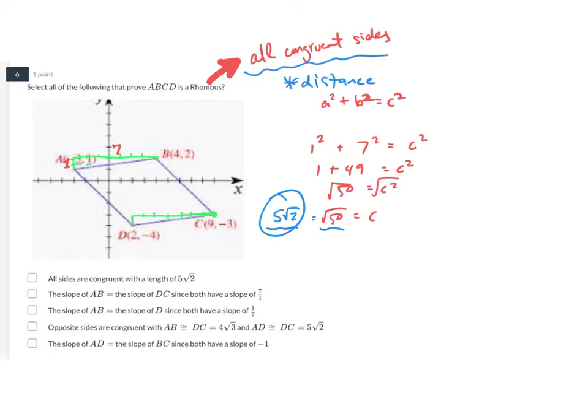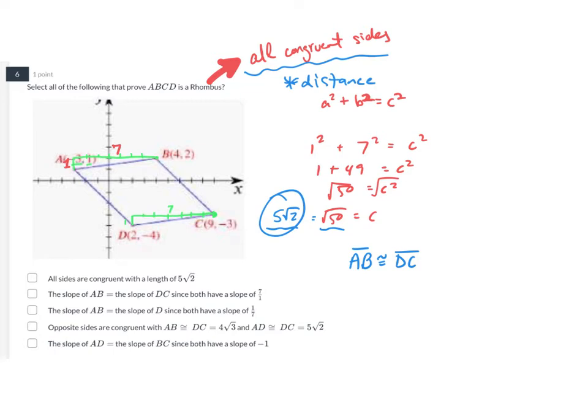But yeah, it goes up 1 and over 7. So if I were to do the Pythagorean Theorem, I know that it would match. So I do know that AB is congruent to DC. True story. So I need to check out the other sides too, though. I got to check out AD and BC.